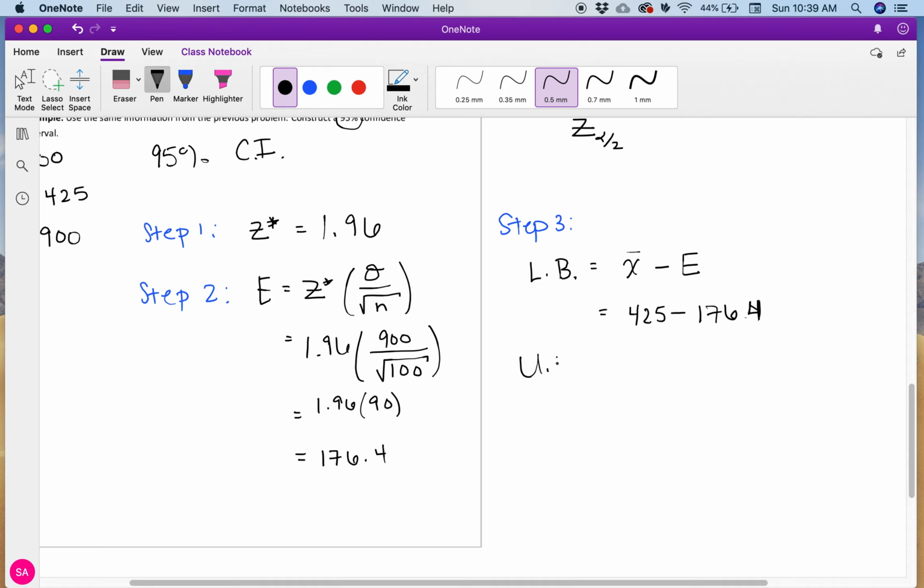And then we have an upper bound, and that's the sample mean plus the error, which is 425 plus 176.4.